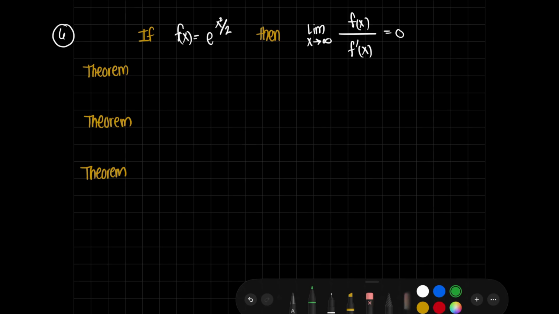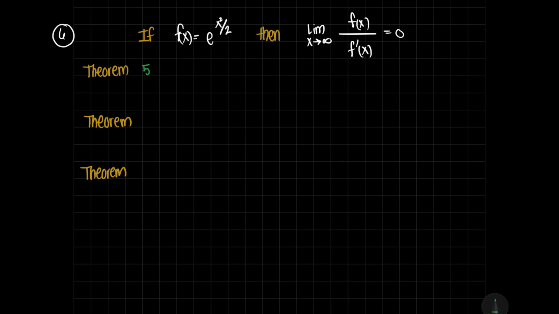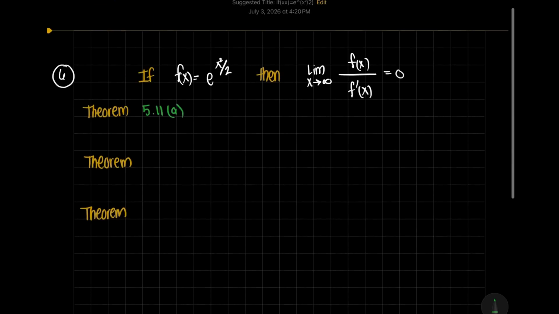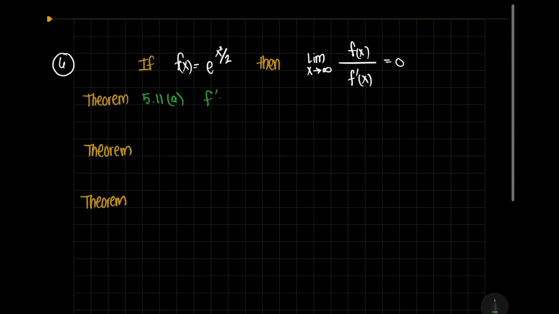We have a function. And if we take the limit as x goes to infinity, we're saying that it equals 0. Now, how do we know it goes to 0 when we're only given its derivative? Well, by theorem 5.11a, this one tells us that if its derivative is bigger than or equal to 0, then we know that f, its function, is increasing.